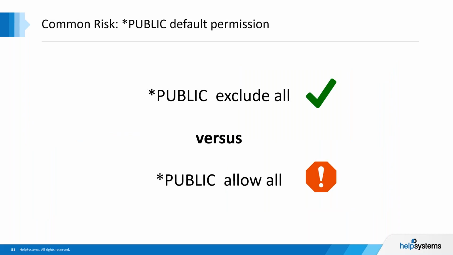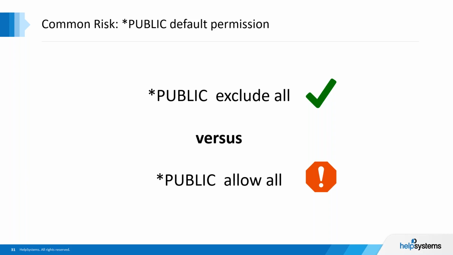Now, by understanding this, we have to then realize that one of the common risks for IBM i data is the default permission associated with the public authority. Ideally, we have a public permission of exclude everyone, and then private authorities, which, as I mentioned, are evaluated ahead of public, to open the door gently to those that have a defined business need.